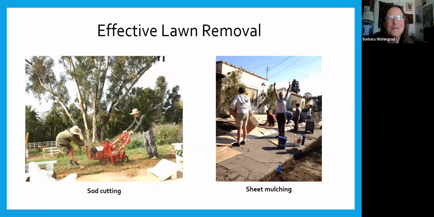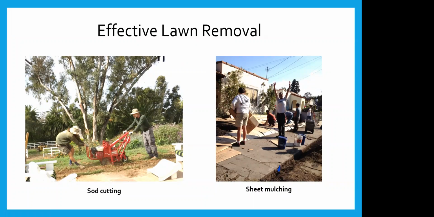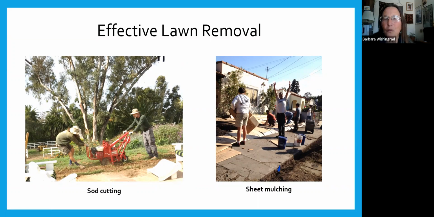Next. Barbara, do you mind just going over the sheet mulching process a little bit more? I think that one's pretty new to some folks. Okay, sure, thanks. So sheet mulching, the reason it's called sheet mulching is because it uses cardboard and then mulch. So cardboard is sheeted or placed completely across the lawn, including tucked into the corners.